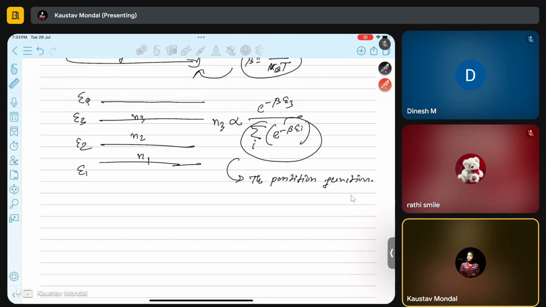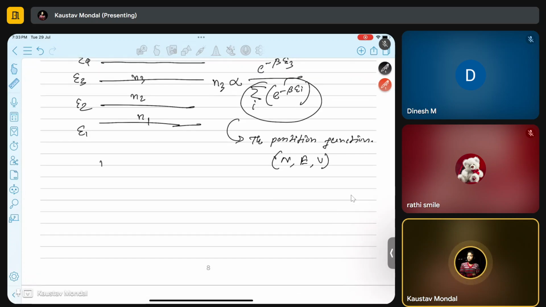This is the expression of the partition function for a system in which the number of particles, energy and volume are constant, that means not changing. Now Ni by N is denoted as the population of a state.